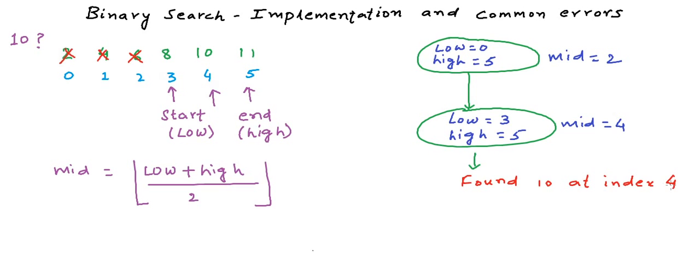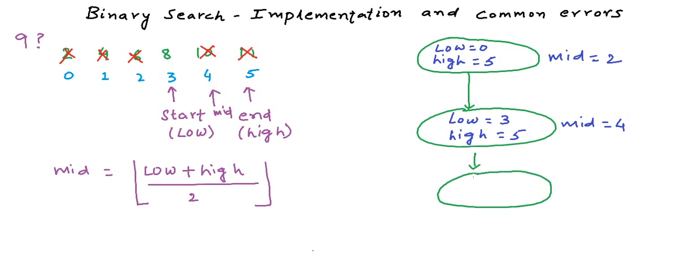Okay, what if we were searching for the number 9 in the array? Till this step it would have been the same thing. Now at this step the middle element is 10, we compare it with 9. Now 10 is greater than 9, so definitely 9 can only exist before 10. We need to discard this part of the array, and we need to go to a state where our search space is defined by low equal to 3 and high equal to 3.